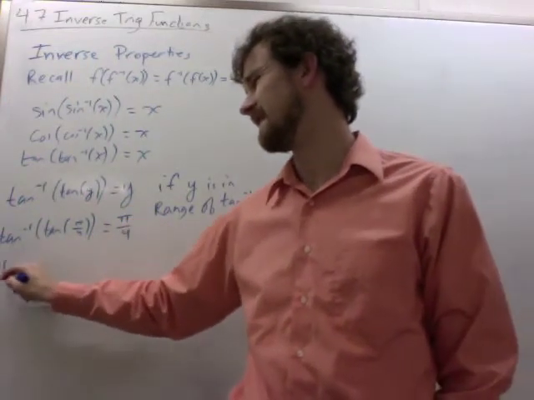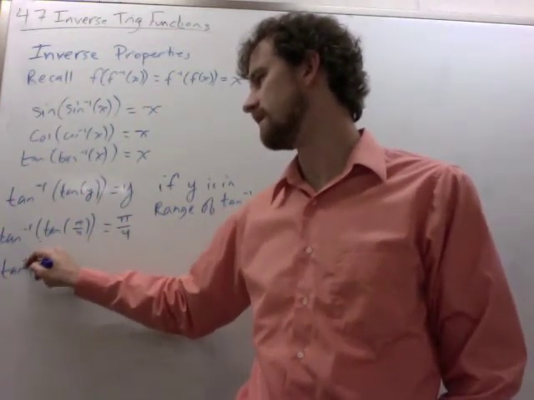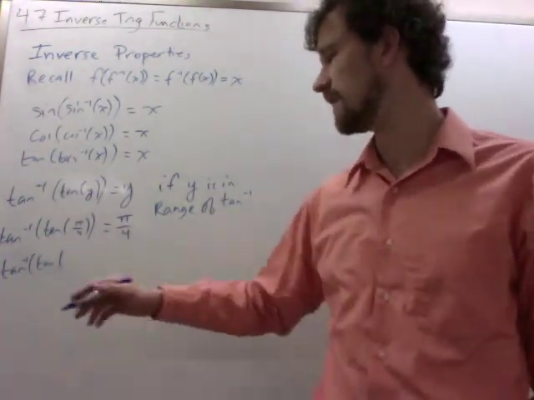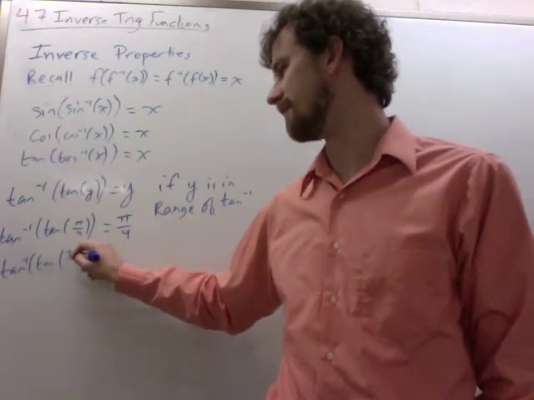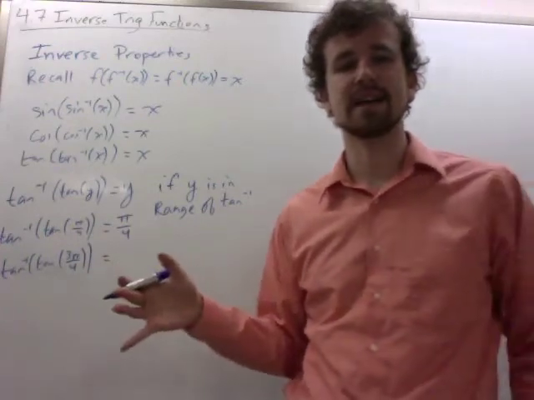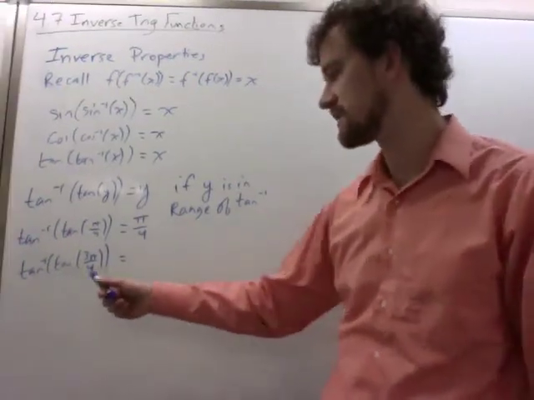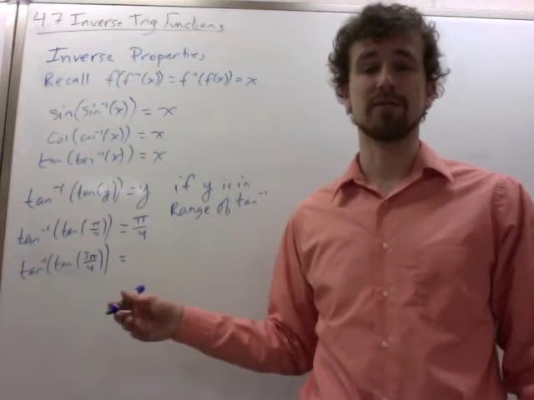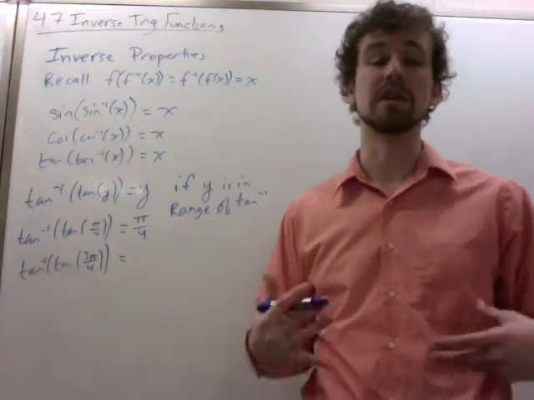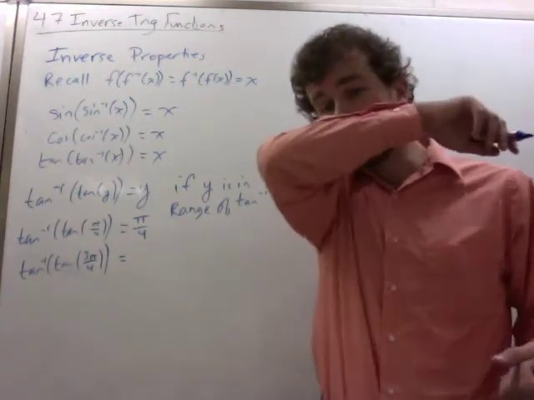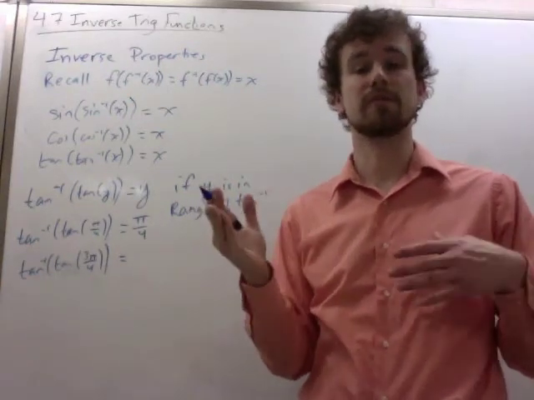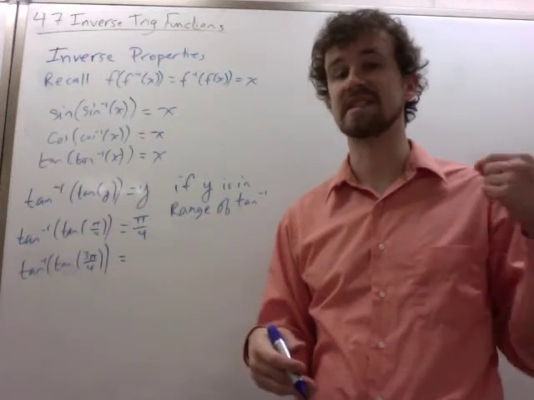If I take the inverse tangent of the tangent of, say, 3 pi over 4, now 3 pi over 4 is not in the range of our inverse tangent function. So this is not just 3 pi over 4. If this value is outside the range of the inverse function, you need to use reference angles again. 3 pi over 4 is in quadrant 2, where your tangent is negative.